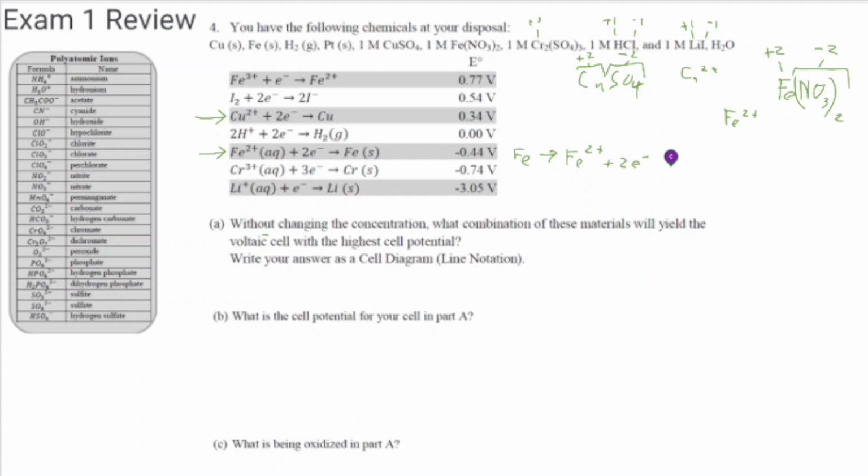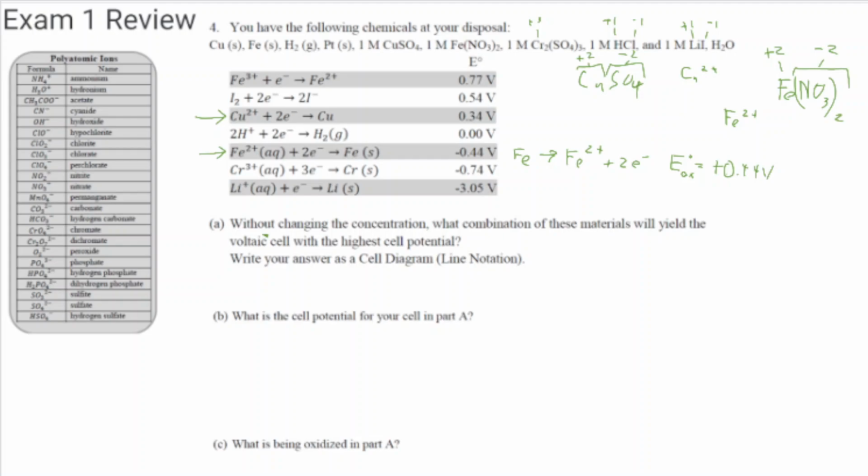And then that's going to have a standard oxidation potential, so I'm going to put OX on here instead of RED for reduction. It has a standard oxidation potential. This is going to be equal to the opposite sign. All right, so the opposite sign of negative 0.44 is a positive 0.44 volts.